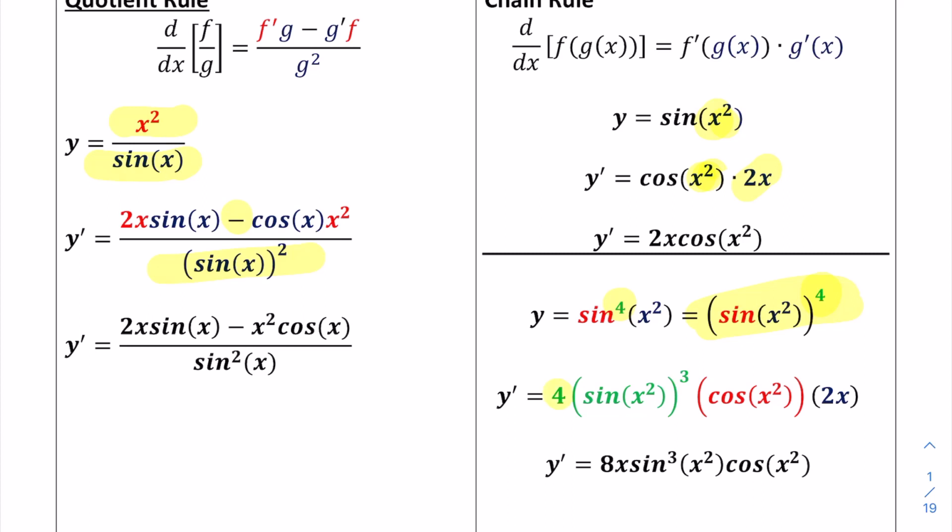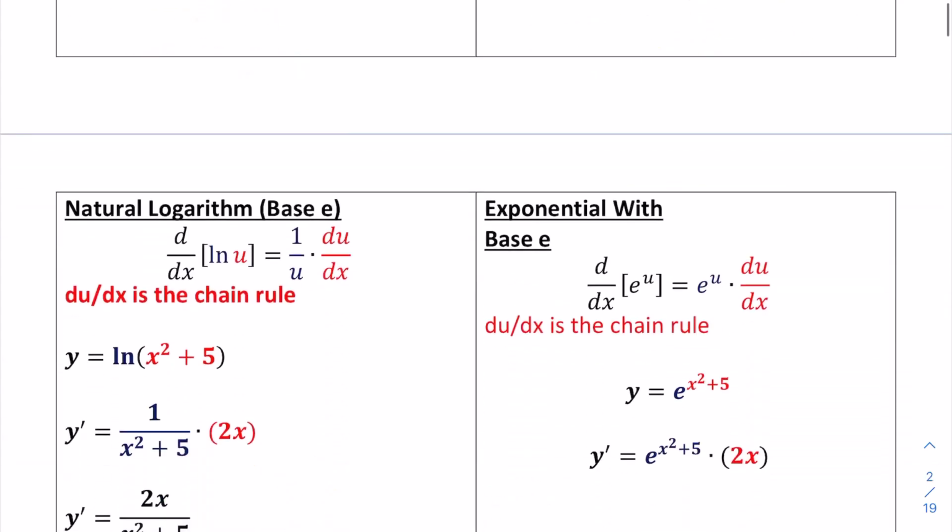That's why we have 4 sine x squared to the third. Recognize that inside function does not change, times the derivative of the inside function. So this is almost as if we have already taken the derivative of this, and now we're just going to take the derivative of that inside function only, like we did in the previous problem. And so it's just going to end up being cosine of x squared times 2x, like we saw earlier, okay? And so in this case, we'd have 3 layers of that, and College Board really loves on multiple choice to give you a question like that.